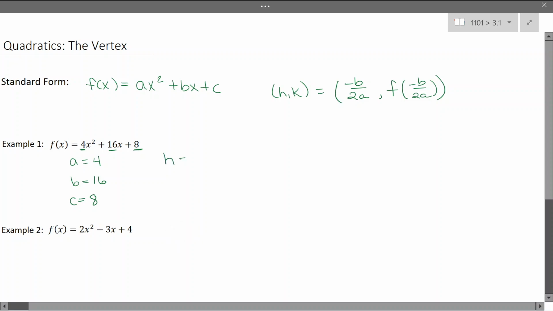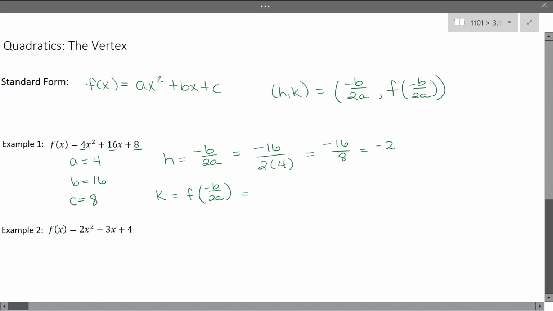So let's try to find our vertex. Well, h is equal to negative b over 2a. So for this problem, we have negative 16 over 2 times 4, which gives us negative 16 over 8, which is negative 2. Next, we use our h to find our k, because k is equal to f of negative b over 2a, which is f of h.